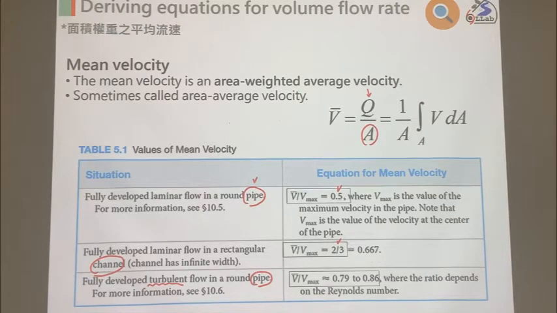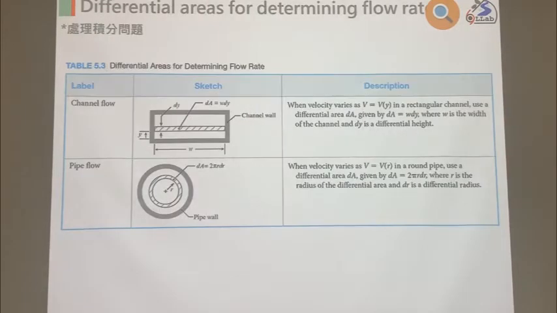So the key knowledge here: if we are talking about the mean velocity, if we have the discharge and the total cross-section area, then we can compute the mean velocity. We divide into two conditions. We have the open channel flow, like the rectangular shape, and we have the pipe flow.